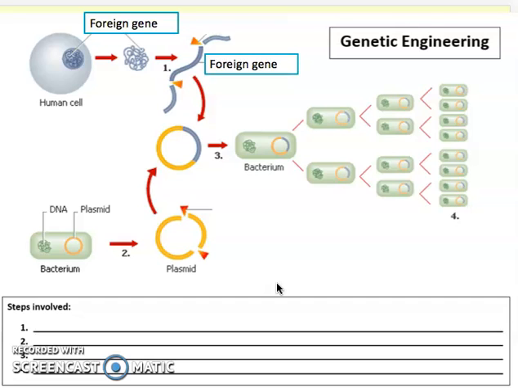Okay, so I'm just going to ask you 5 questions now about this process. So if you could just jot 1 to 5 down in your books, please. Question number 1. What is the enzyme called that is used to cut the DNA? Question number 2. Is this process faster or slower than selective breeding?